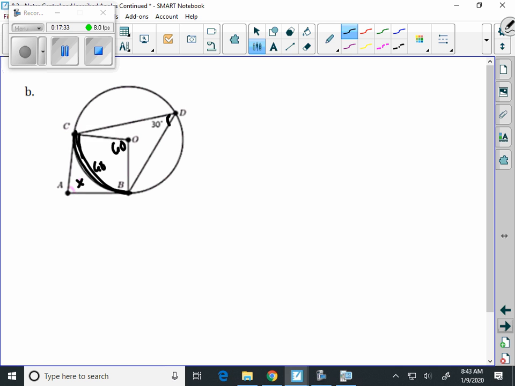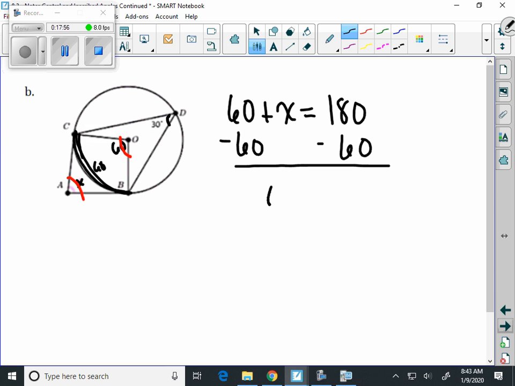And once we know the measure of the central angle, then we can figure out the circumscribed angle. It is 60 plus X equals 180. One last time, this angle and this angle are supplementary. So if we subtract 60 from both sides, we get X equals 120.